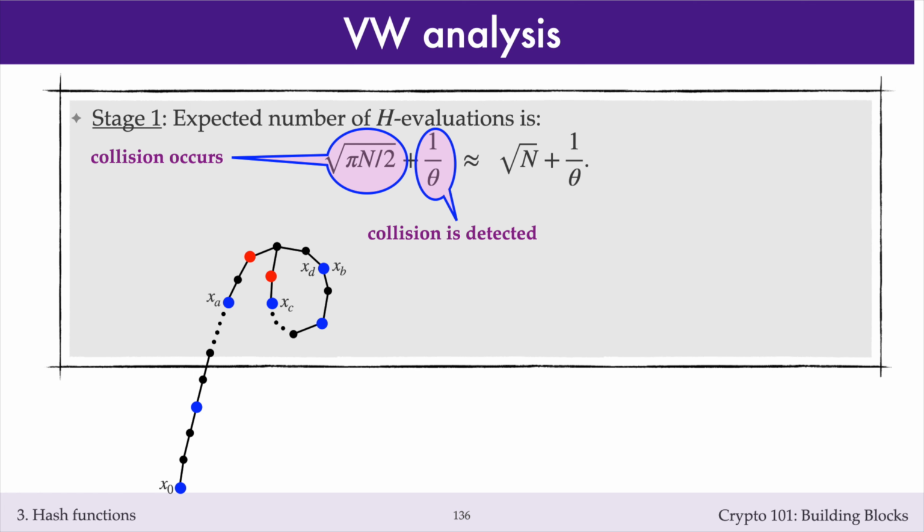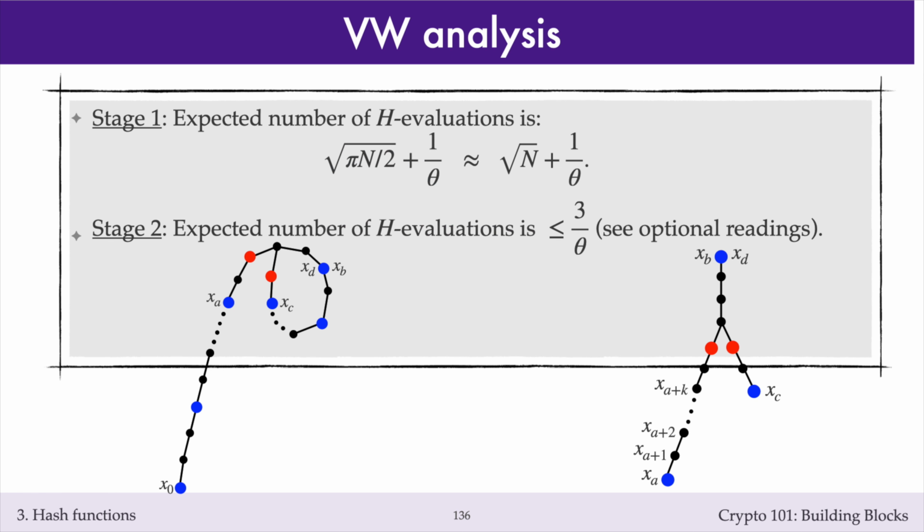And so the expected running time of stage 1 is the square root of n plus 1 over theta. The expected running time of stage 2 is at most twice the length of the longer of the paths from XA to XB and from XC to XD. One can show that the expected length of the longer of the two paths is 1.5 over theta.